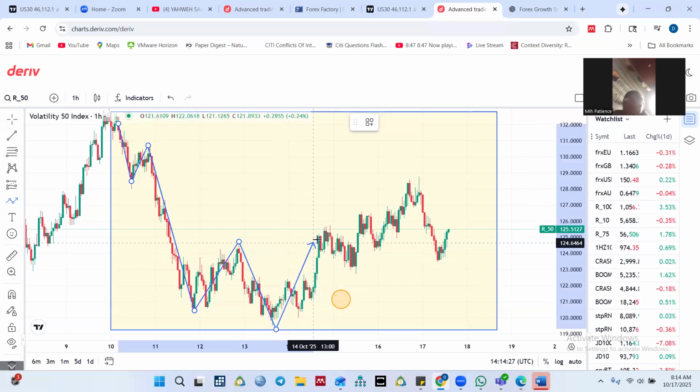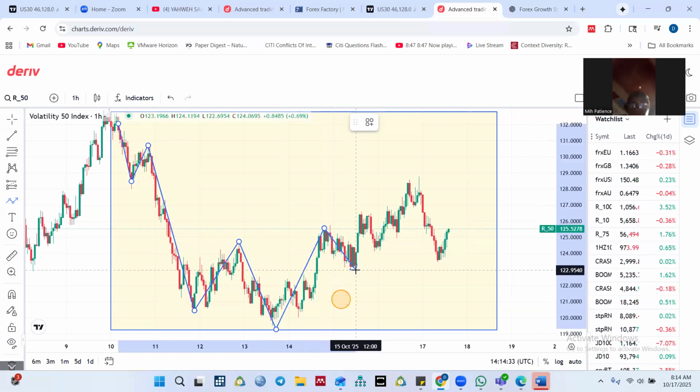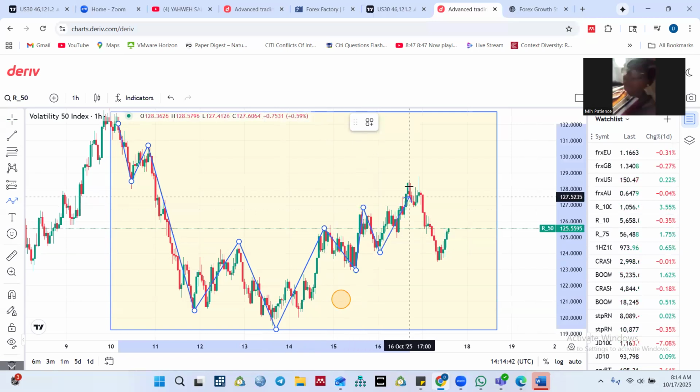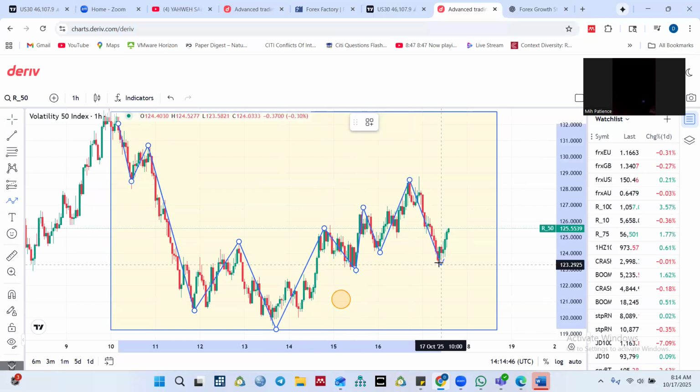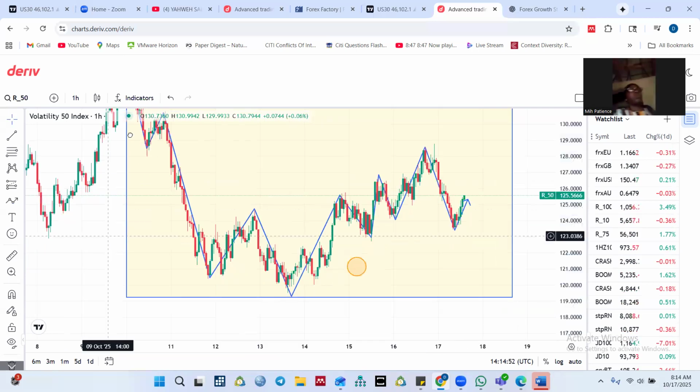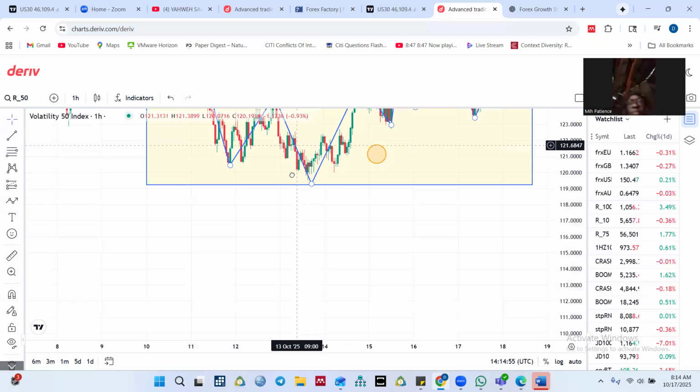Then we got a higher low, lower high, higher high, lower high, higher high. And price is now here. So this is the pattern that we have right now.